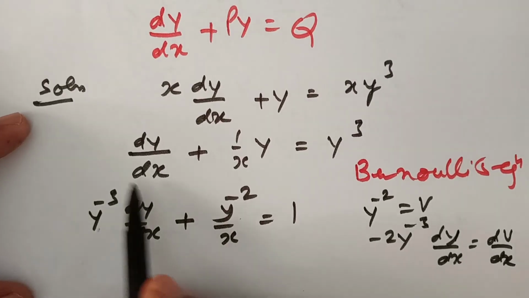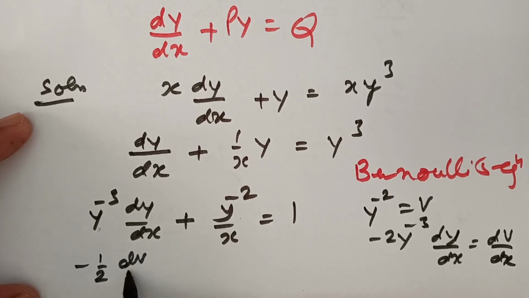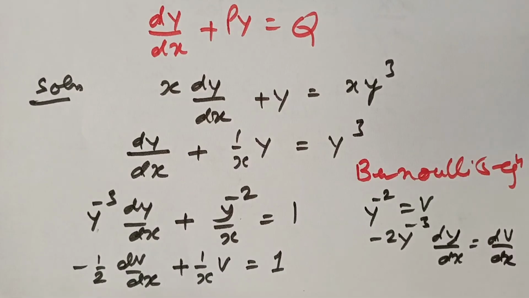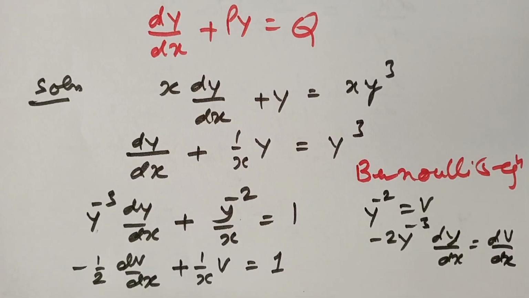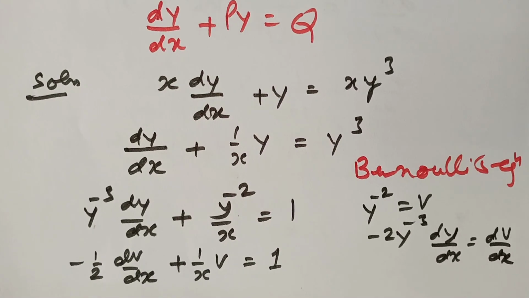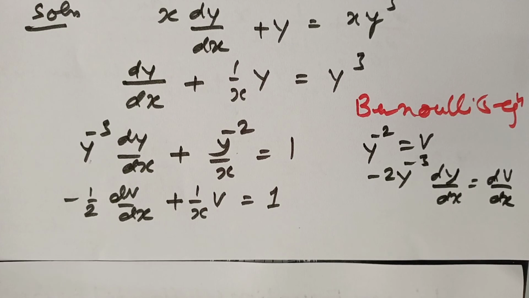So here y minus 3 dy by dx is equal to minus 1 upon 2 dv by dx, plus y minus 2 is equal to v, so minus 1 upon 2 dv by dx plus 1 upon x v is equal to 1. Okay, this is the next step. Now this is very easy because we need the coefficient of dv by dx to be equal to 1.